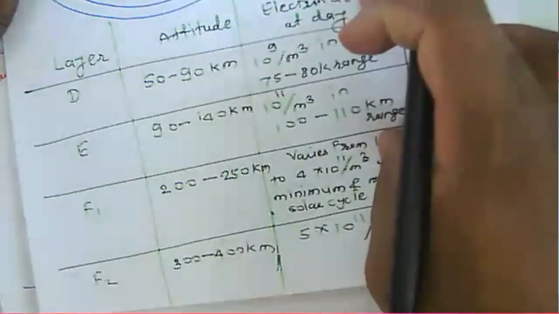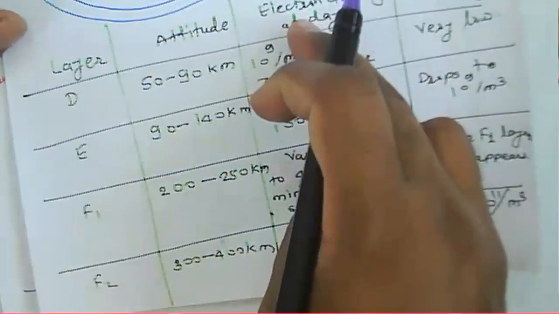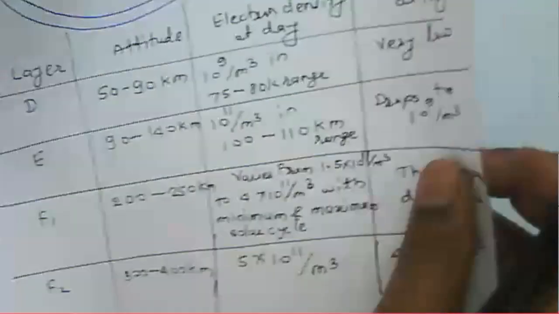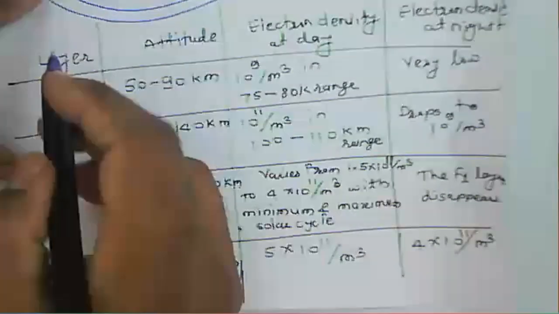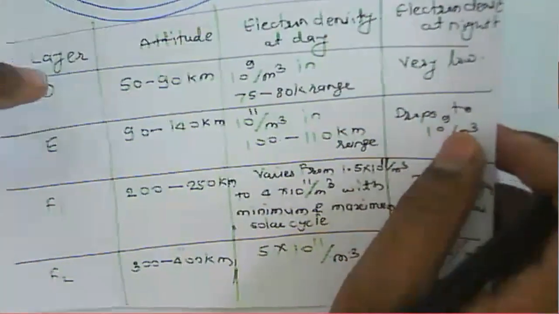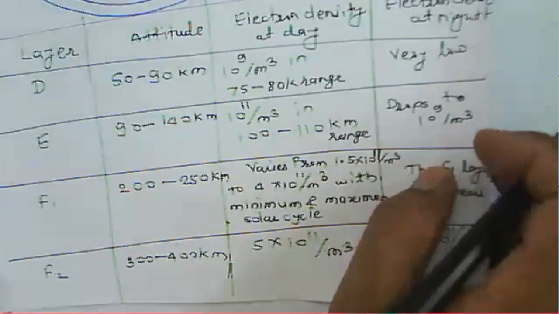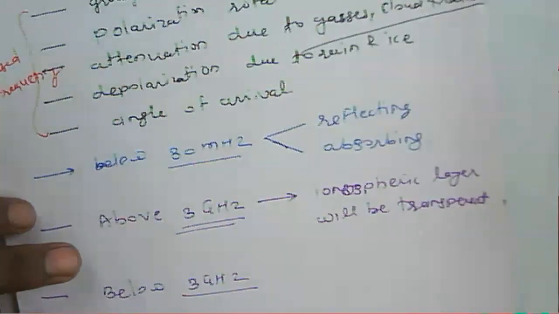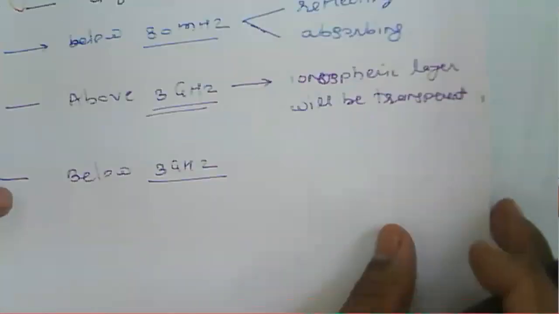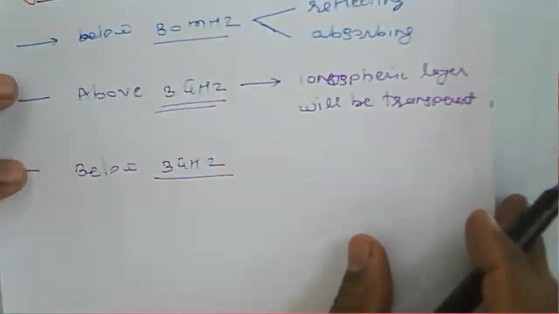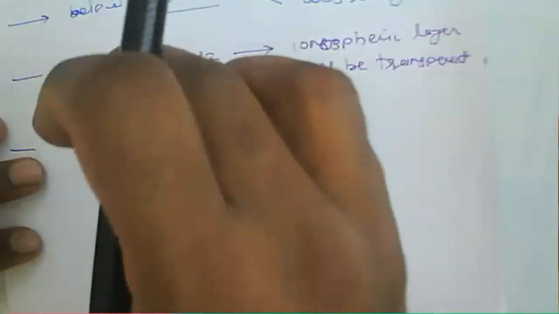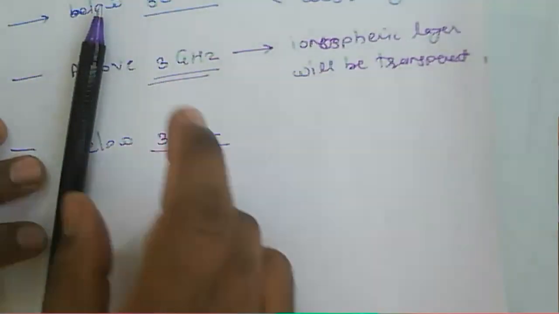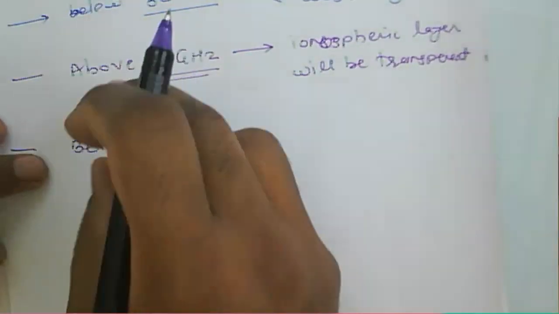At different altitudes we have variation in the density. This table explains the ionospheric layers and what happens during day or night. So satellite communication should be done above 3 gigahertz; below 3 gigahertz of frequency, your signal gets attenuated.